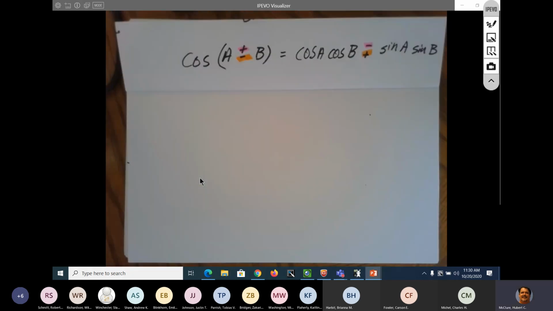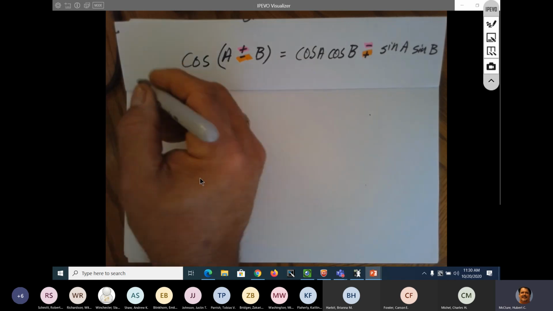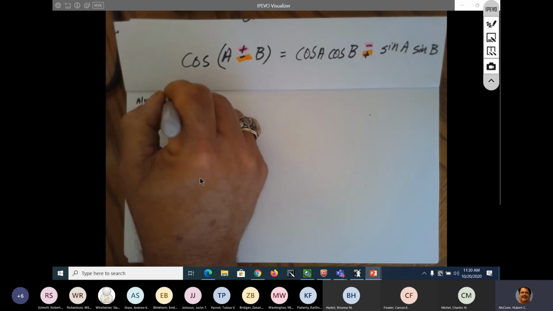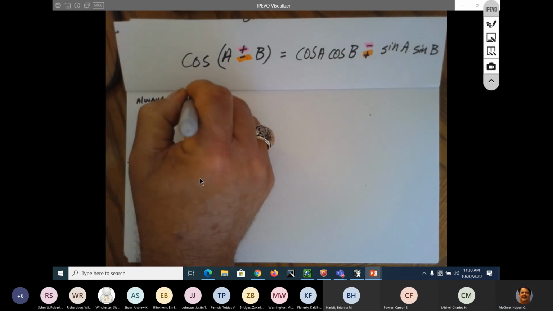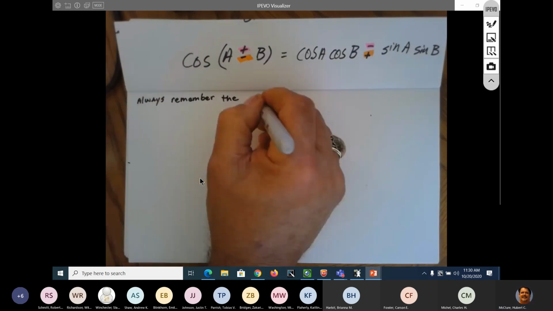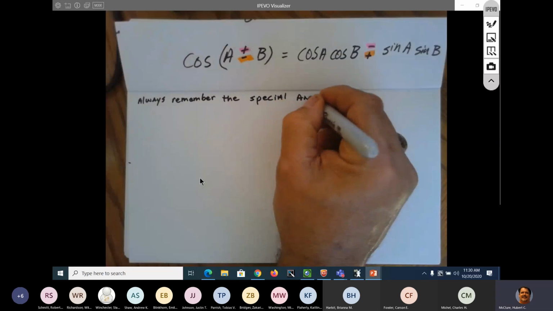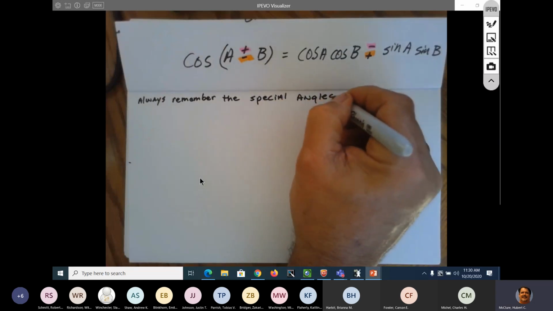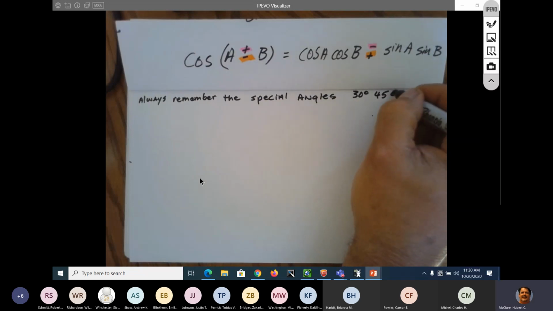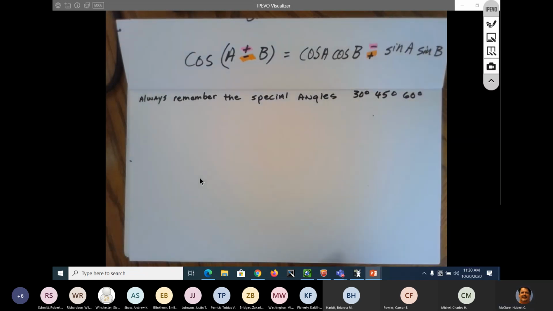When you're using these identities, always remember, in the back of your brain, the special angles: 30 degrees, 45 degrees, and 60 degrees.